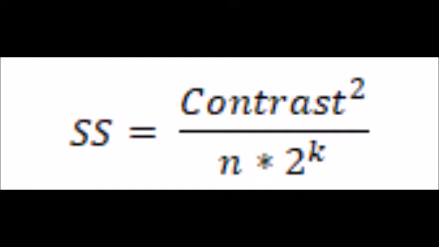After this has been done, we'll have to check for our sum of squares for each of the significant effects of our full factorial experiment.